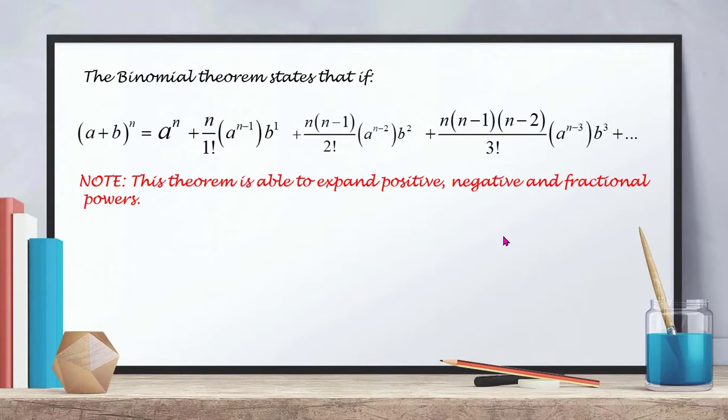The first expansion that we did, we used Pascal's triangle, and note that Pascal's triangle is only able to expand binomial expressions which are raised to whole numbers. The second method that we used, combinations, was also only able to expand binomial expressions raised to whole powers.